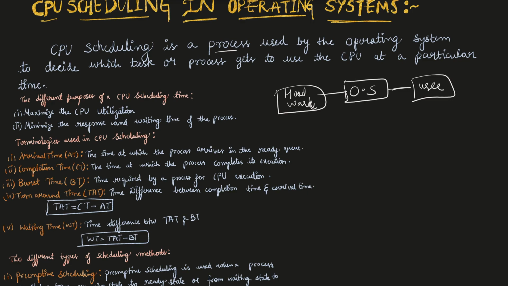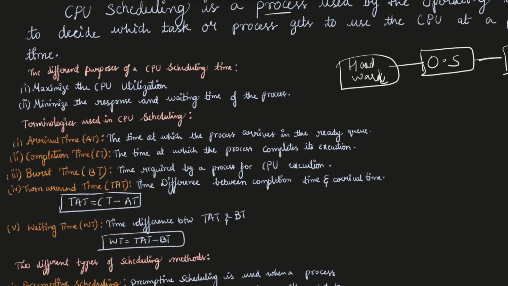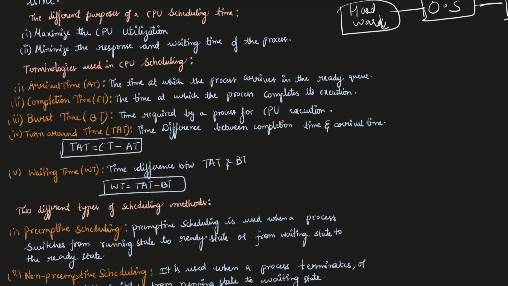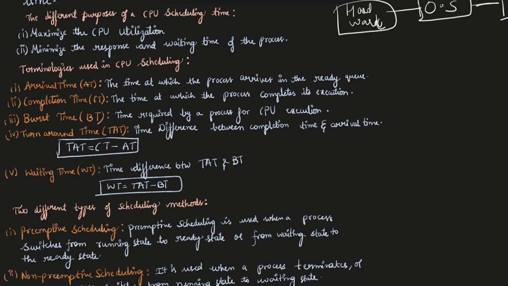Now, CPU scheduling is nothing but deciding at what time what process gets executed. In a system, the CPU cannot be idle. The CPU has to run because there are many processes that have to be completed. That's the reason the CPU is continuously running in a system.